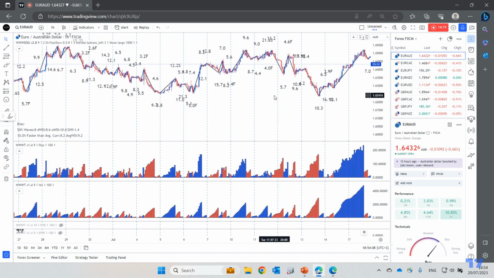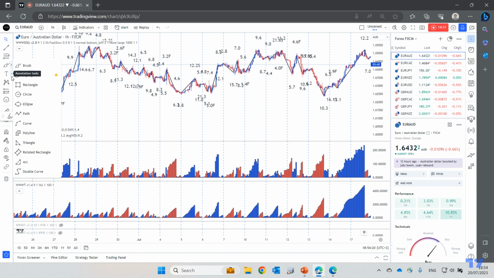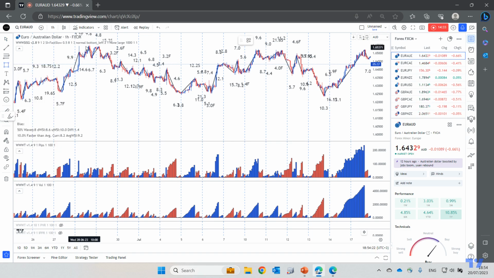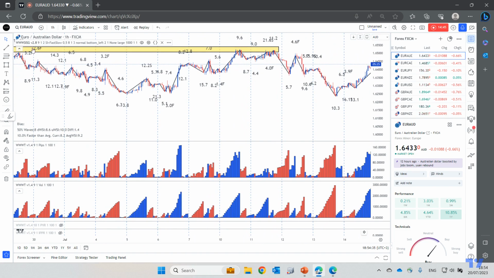Let's look at up here. What is this level? Okay, let me just start drawing levels and identify abnormal speed index numbers which are changing direction. That's a resistance level. All right, so look what happened at the top.